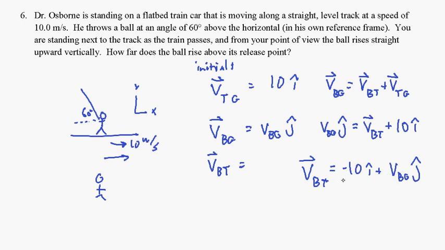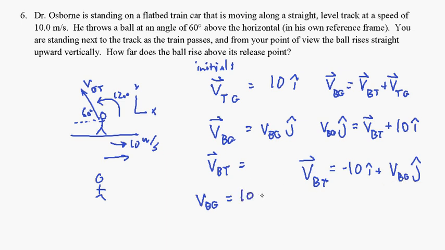So anyway, this is v ball with respect to train. For the angle of that to be 60 degrees up, or really it's 120 degrees, right? So if you do the trig, the speed of the ball initially with respect to the ground has to be, let's see, oh, come on, it's a freaking 30, 60, 90 triangle.